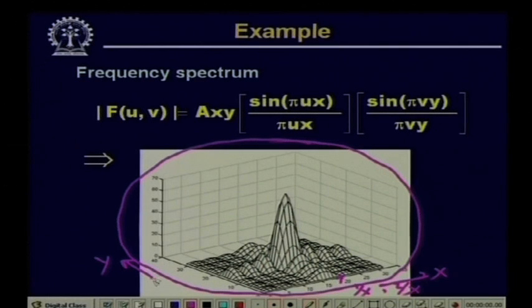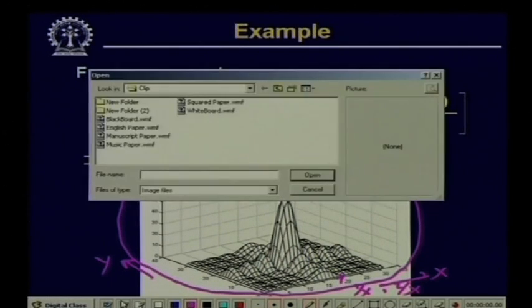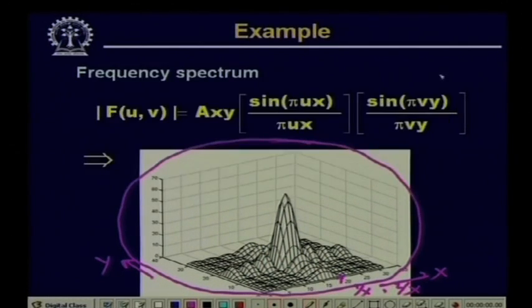But in our case, we are interested in discrete images or digital images, where the functions are not continuous, but discrete. So, all these integration operations that we do in case of continuous functions will be replaced by the corresponding summation operations.